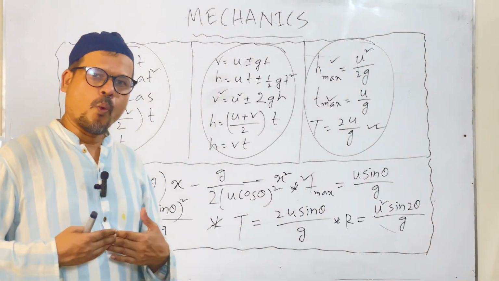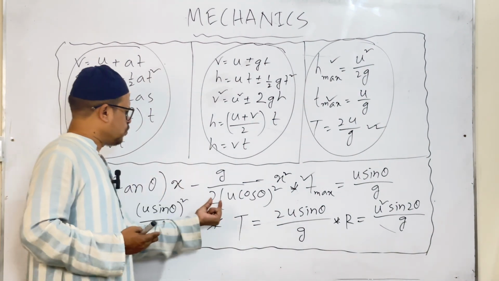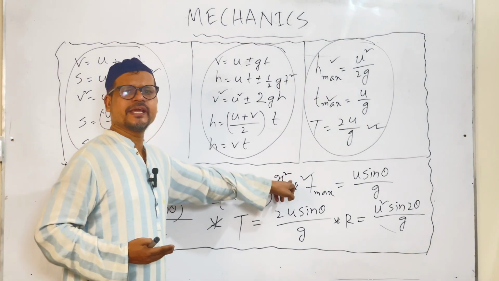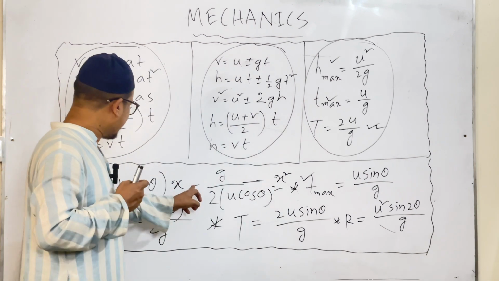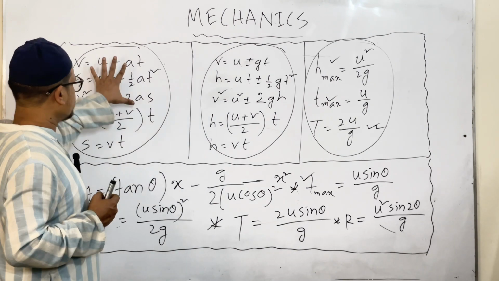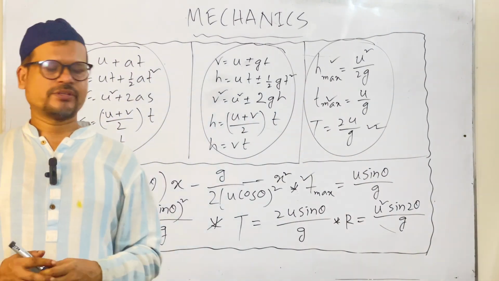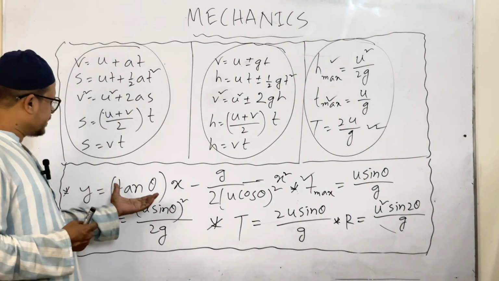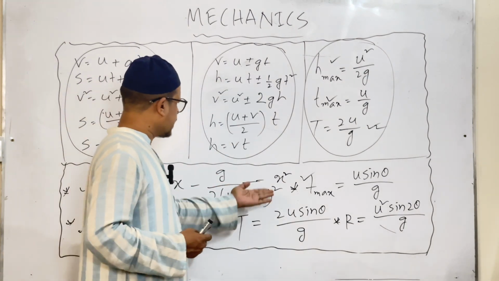Again, y equal to tan theta x minus g x square over 2 u cos theta square, with 2 u cos theta square as the denominator. Okay, final. There are 4 sections you have to remember. In short, y equal to tan theta x minus g x square over 2 u cos theta square.